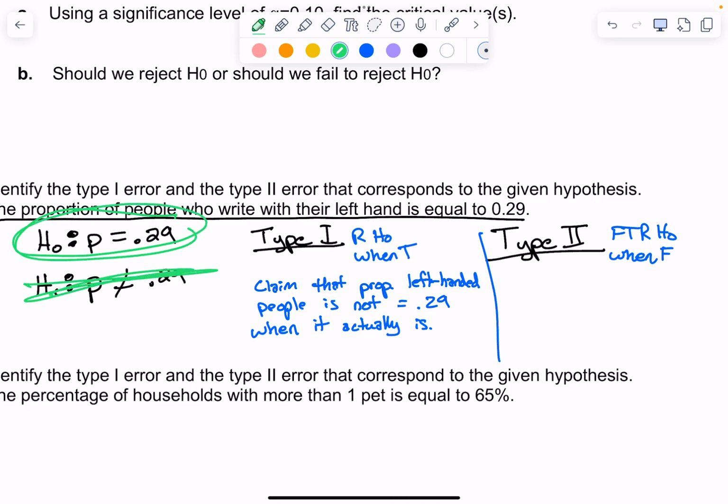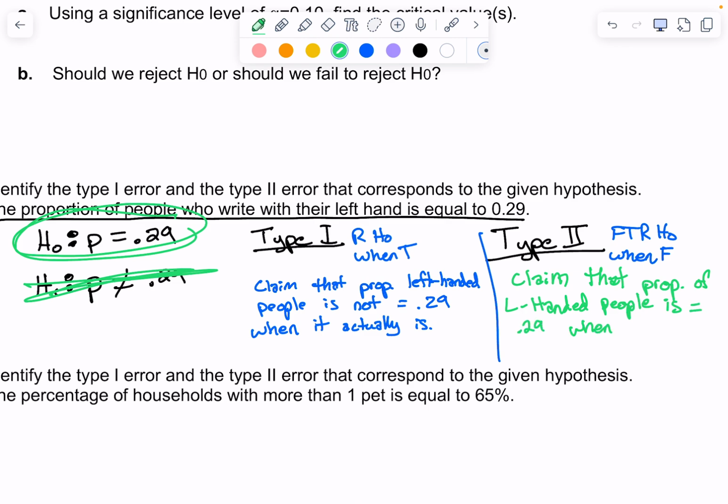If we do that, then we are claiming that the proportion of left-handed people is equal to 29% or 0.29 when it actually is not.